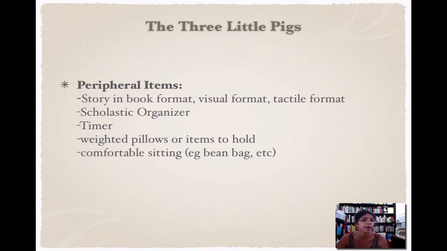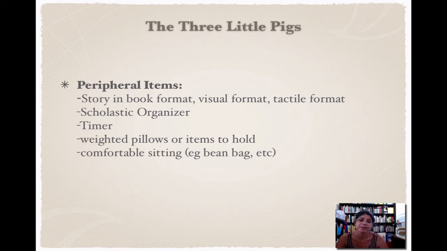He does really well with a timer, letting him know that this activity will take, let's say, 5 minutes, 10 minutes. If he starts to get a little bit anxious, having a weighted pillow close by or having items to hold onto helps him.